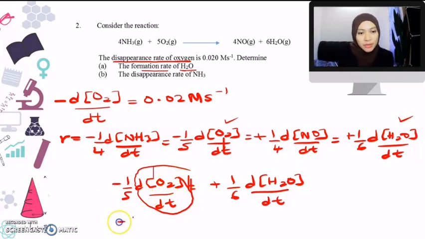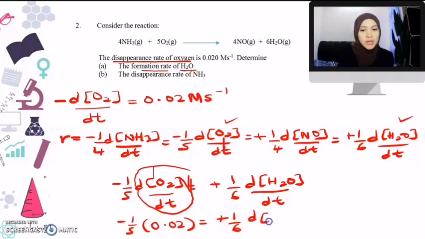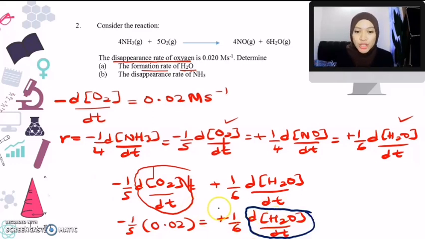It will become negative 1 over 5 times 0.02 equal to positive 1 over 6 d H2O over dt. This is the equation that we are going to solve, and you will find out the d H2O over dt.